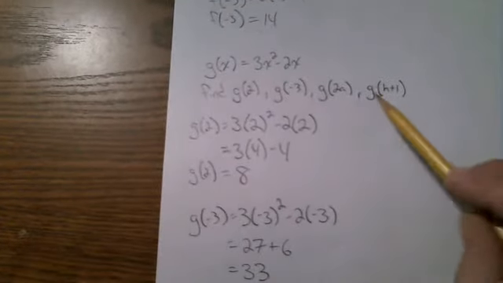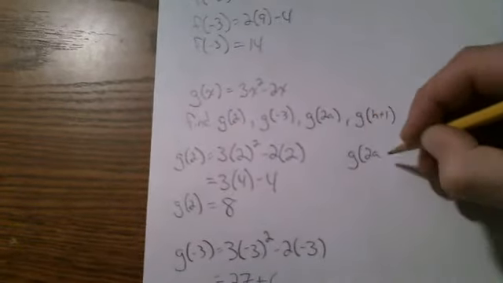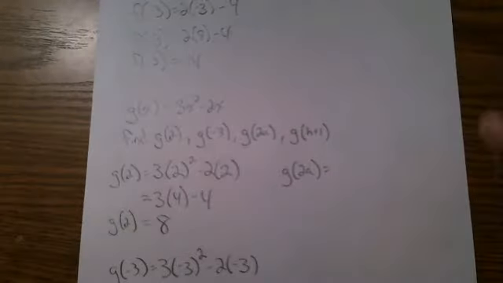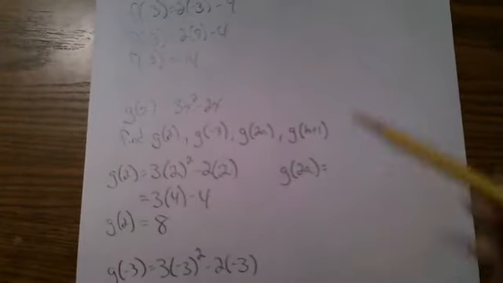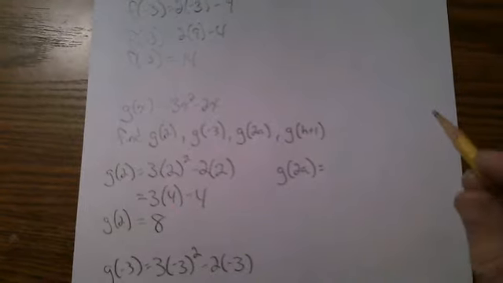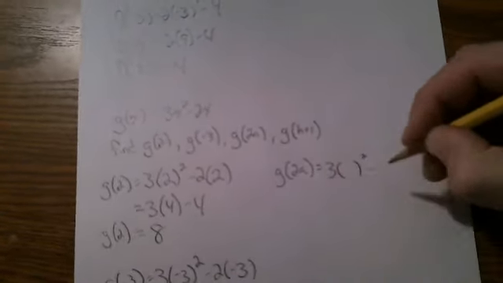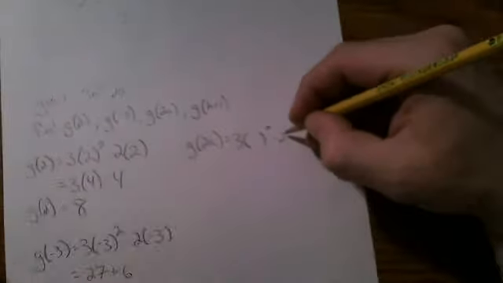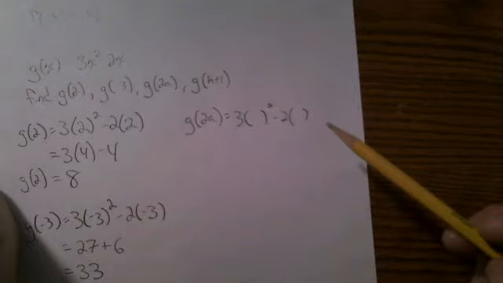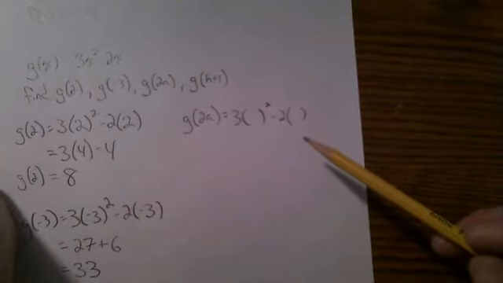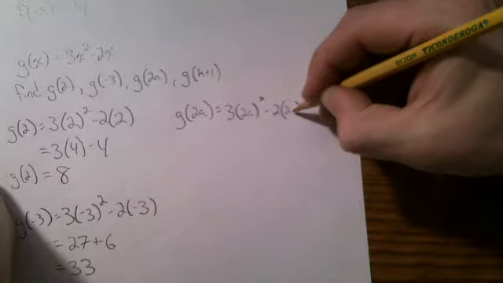Okay, now the second two parts are a little tricky. Let's find g of 2a now. Again, I'm going to rewrite the rule for g. 3x squared minus 2x with an open set of parentheses instead of x. And now wherever I see an open set, I'm going to plug in 2a.